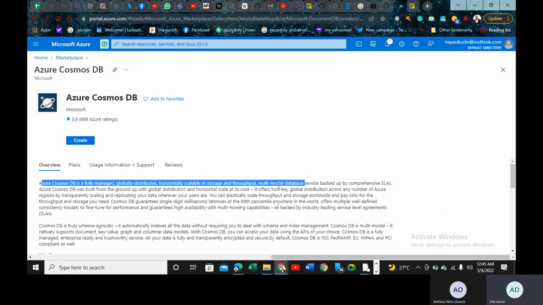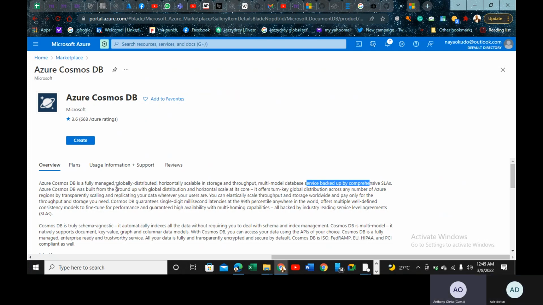So this word multi-model can still come out somewhere. So we are looking at the question.